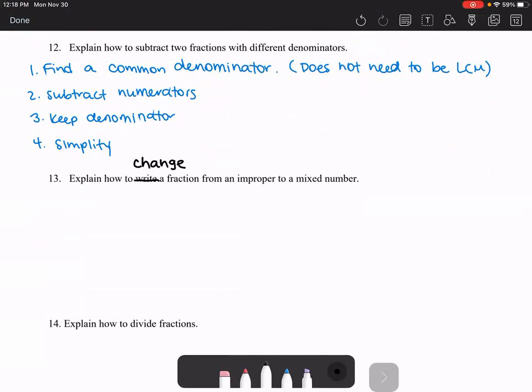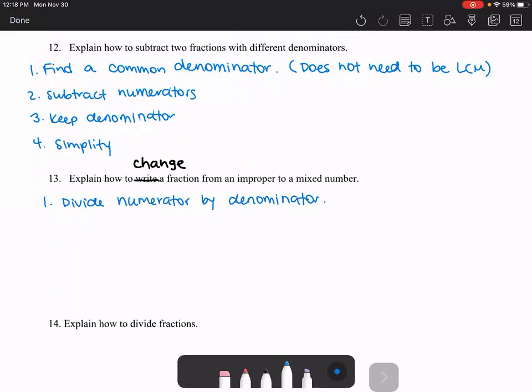This is also one that was on the second exam. So we're going to divide the numerator by the denominator.